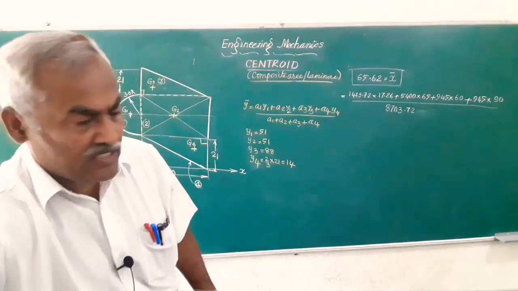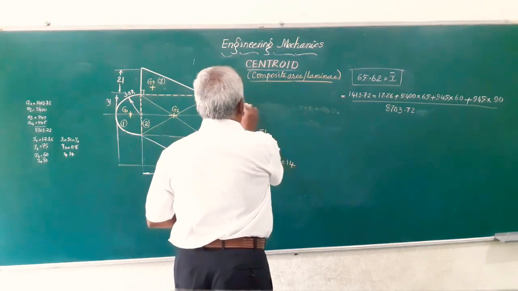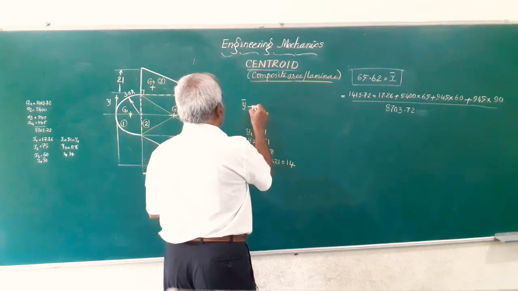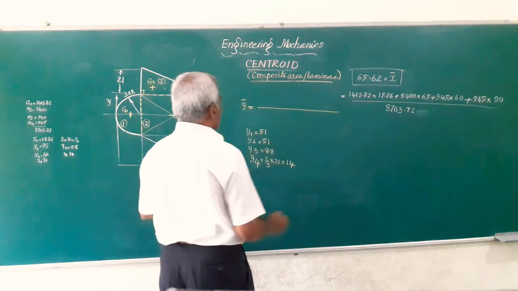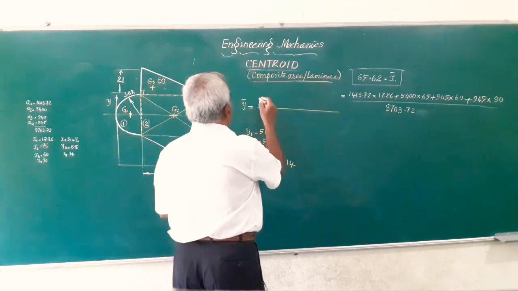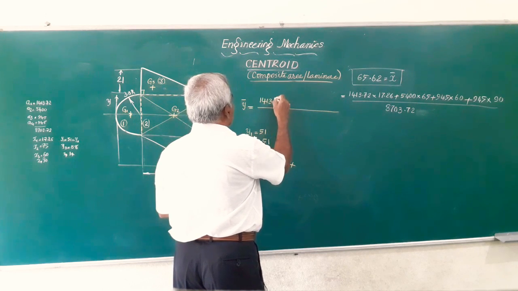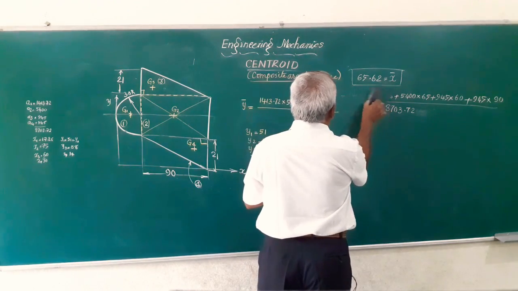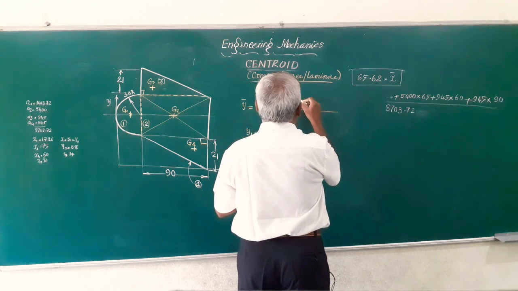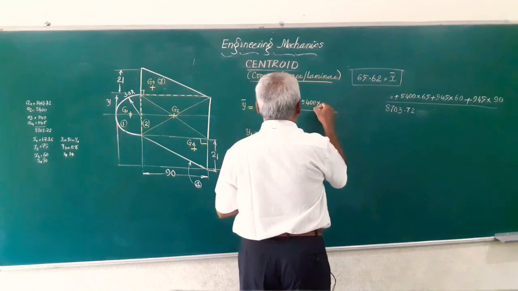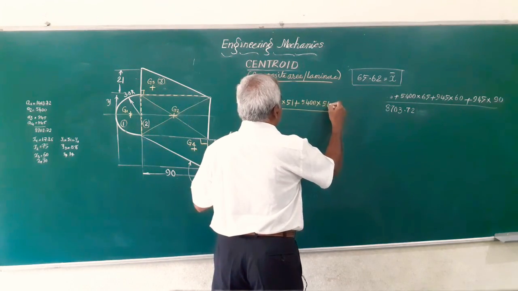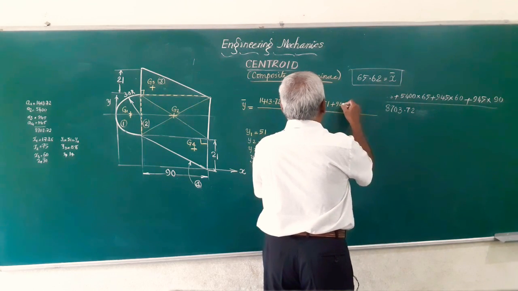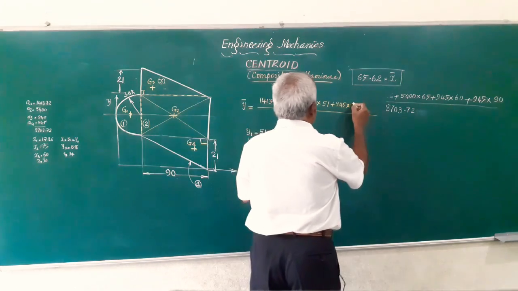Let us make the substitution and obtain the value of y bar. y bar is given by the formula a1 y1 plus etc. a1 y1, area 1 is 1413.72, y1 is 51, plus area of the second figure a2 is 5400 multiplied by y2, again 51, plus area of the third figure is 945 multiplied by y3, that is 88.